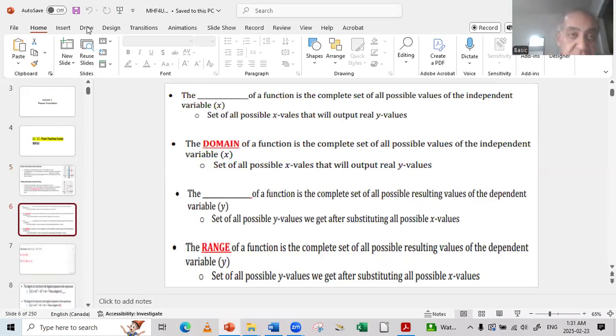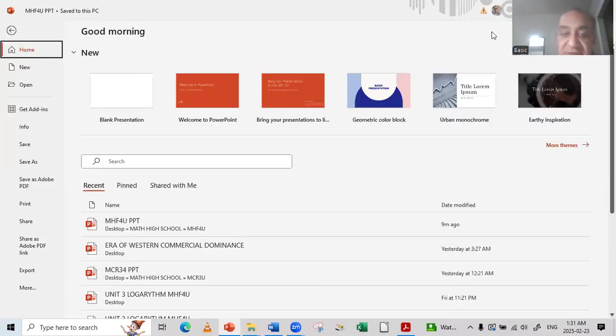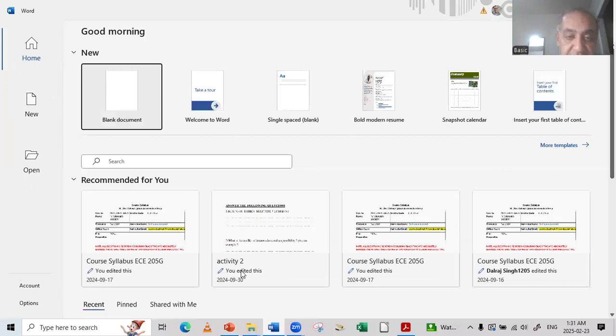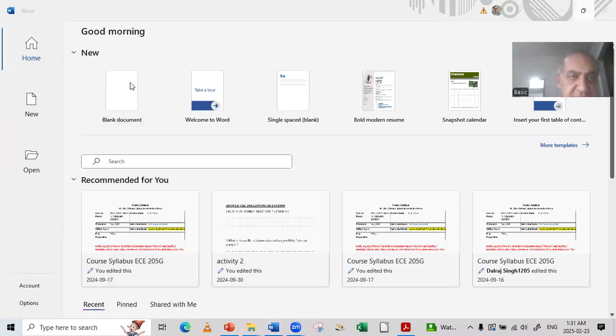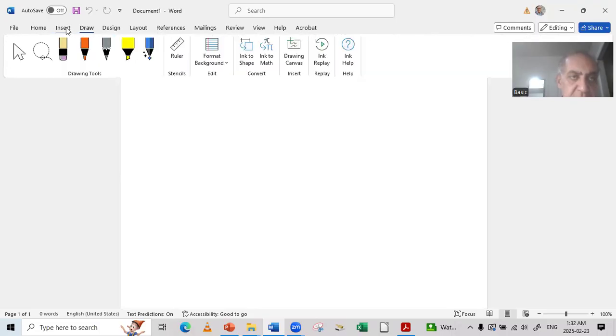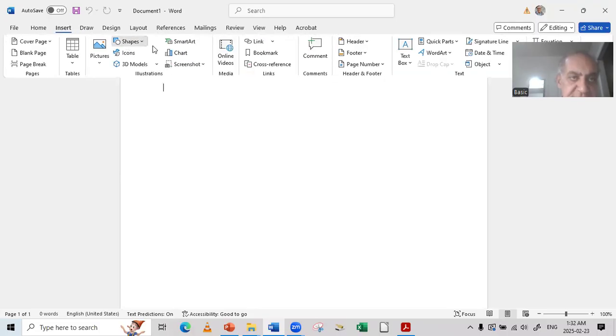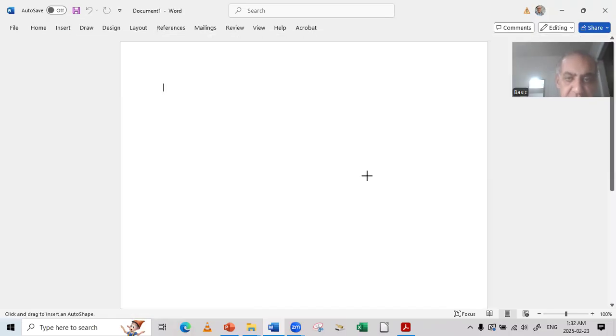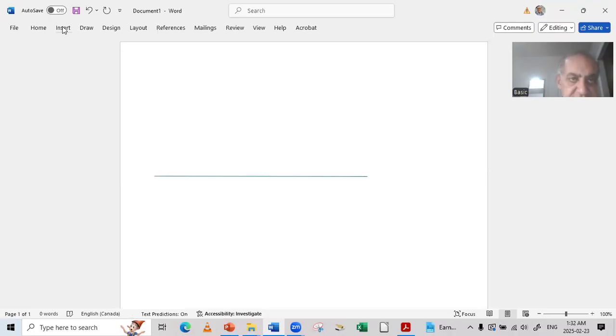And I just graphed it, and I will show you how to graph it. When we graphed it yesterday, it was just like here. As an example, I insert shapes, I take a line, and this is the vertical axis, and this is the horizontal axis.